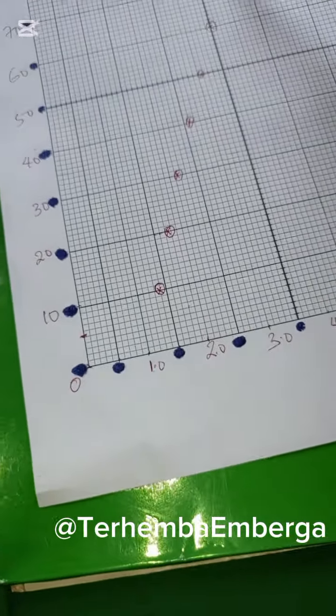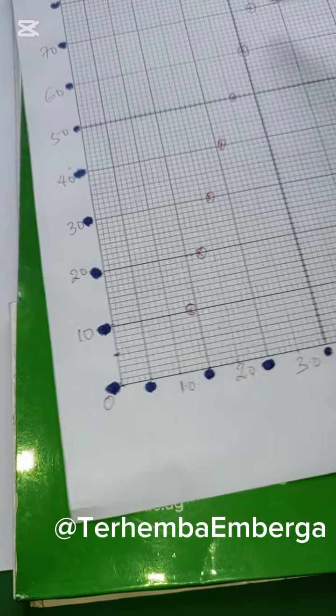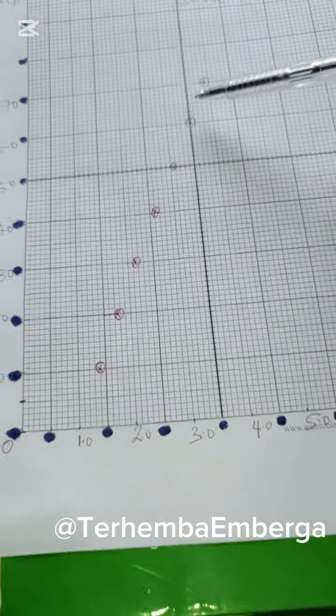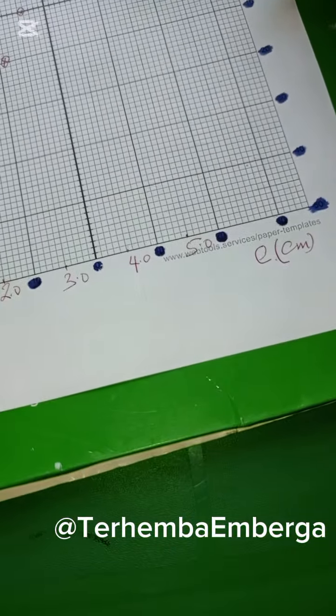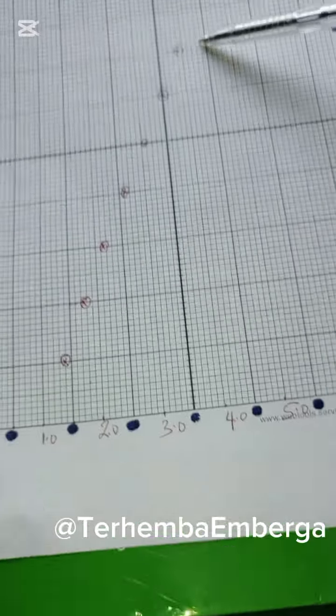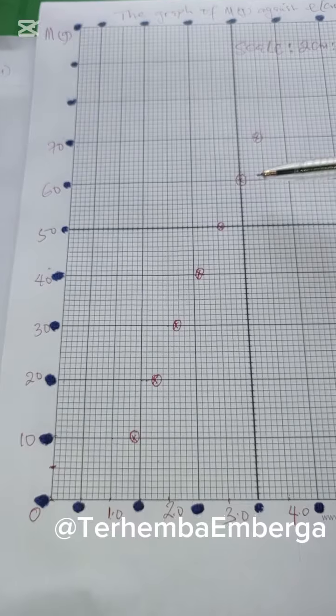So we now use your ruler to join. There's what we call the best line of fit. Most of the times we have 1, 2, 3, 4, 5, 6, 7. We have 7 points here. It's not possible that all of them would be on the straight line.